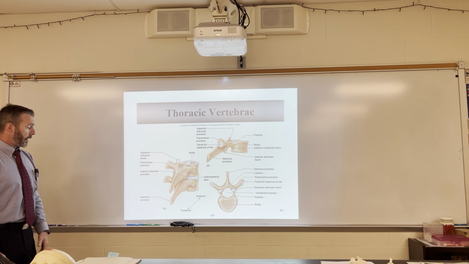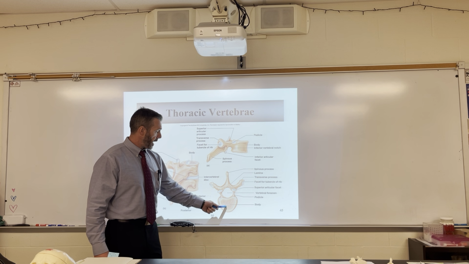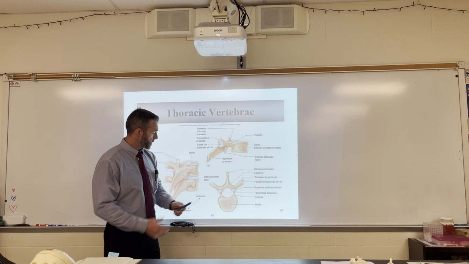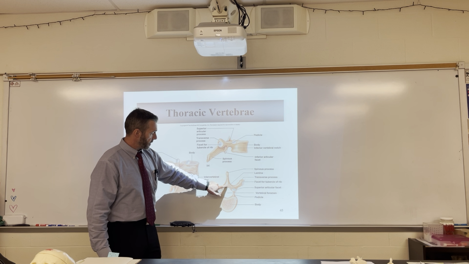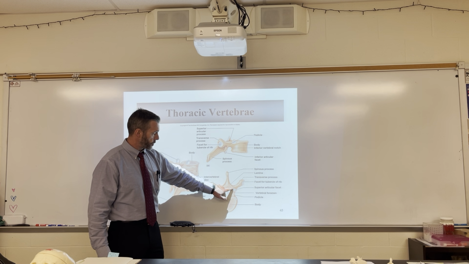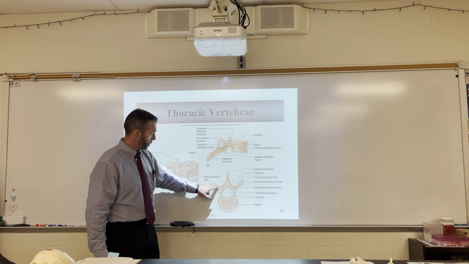All right, so a quick review that we're going to talk about here. Thoracic vertebrae, we have the body. Still, we got the anterior elements. We have the pedicles on both sides. Pedicles will come back and meet the lamina, which are right here. At the pedicle-laminar junction, we have two processes that come off here. We have the transverse process on both sides.